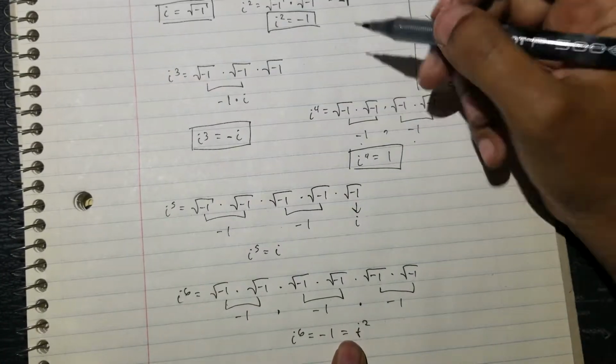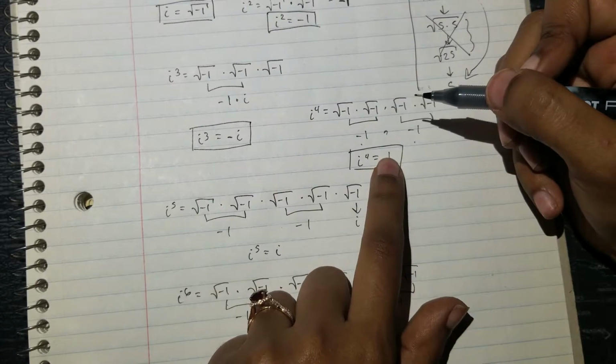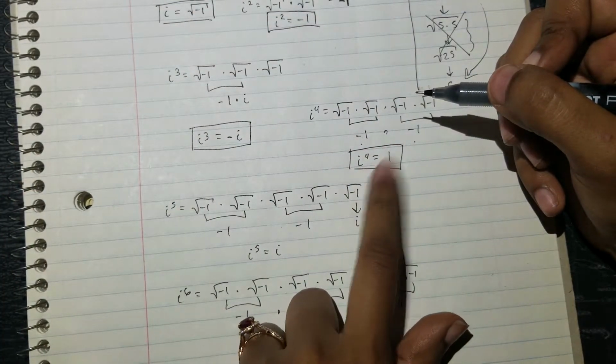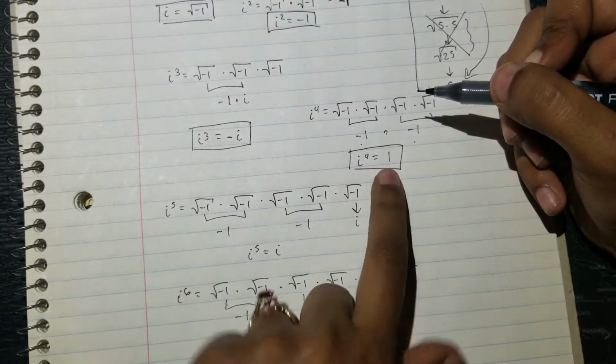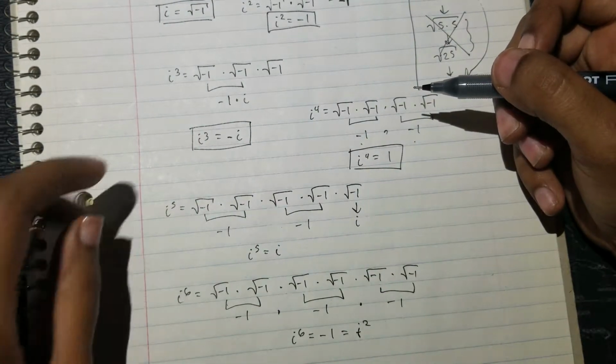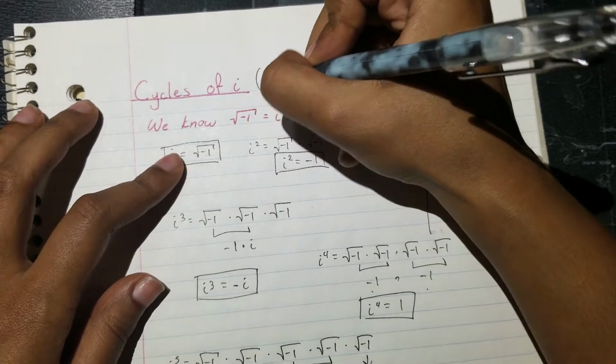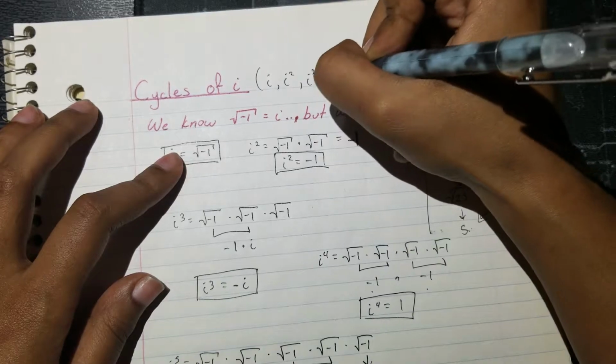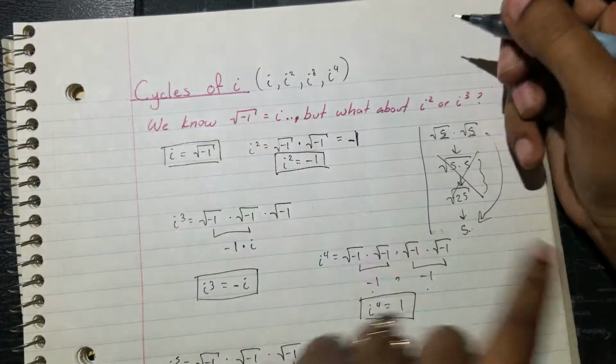So it seems like after four terms of i, we actually repeat the cycle. So our cycles of i are i, i squared, i cubed, and i to the fourth, and then they repeat after.